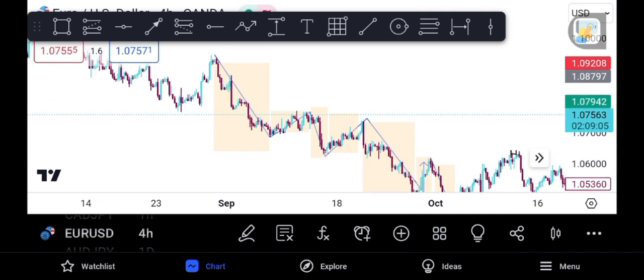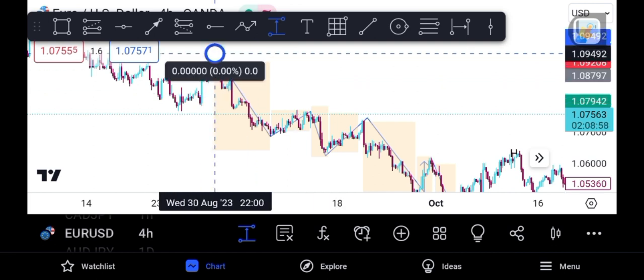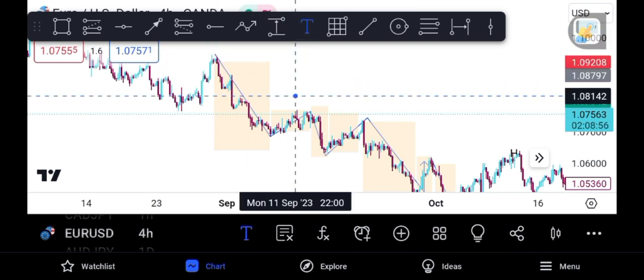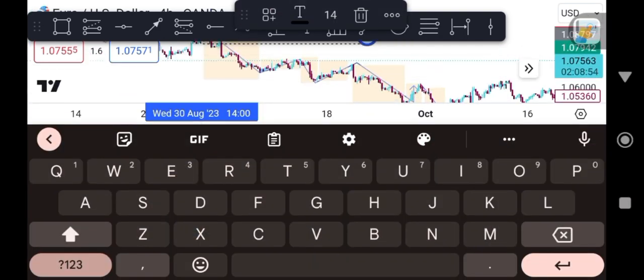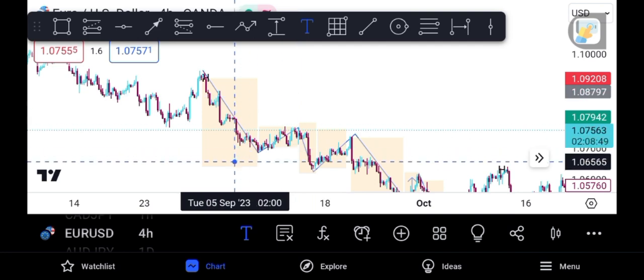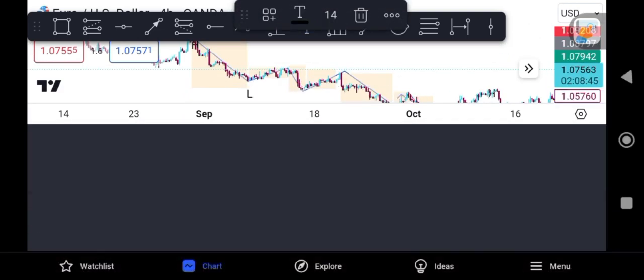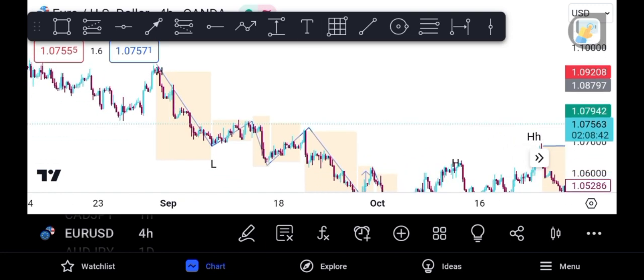So now let's move on. We have a high here, a high here, a high here. Then we have a low here. A lower high.